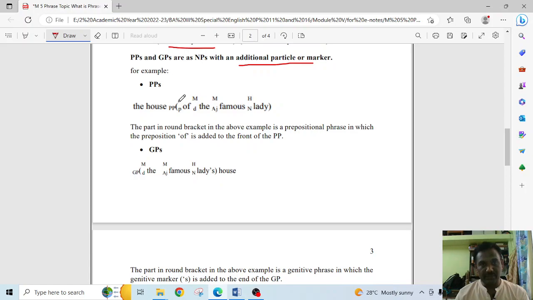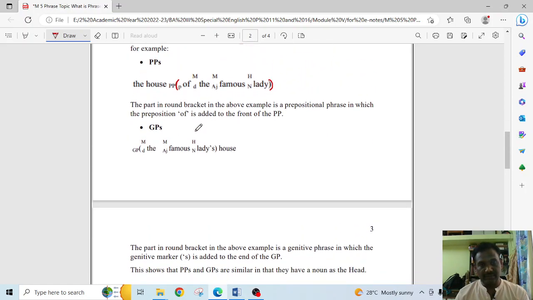The prepositional phrase begins from the preposition, and in this example the preposition is of. So this word lady is head word, which is noun, famous is adjective, which is modifier, the is determiner, which is modifier, and of is preposition.